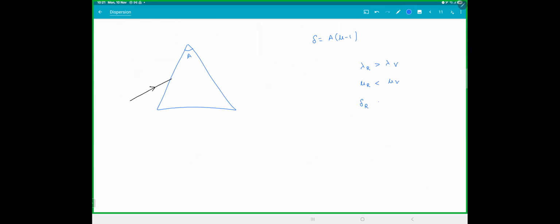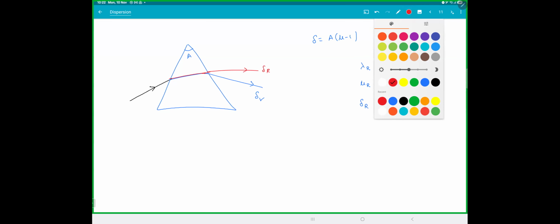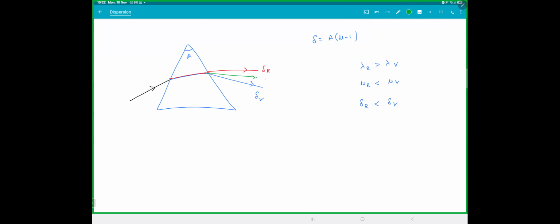Therefore, deviation of red must be less than deviation of violet. Agreed? That means whenever you send white light, which has multiple wavelengths, all of them won't have the same deviation. Among all of them, the violet will have maximum deviation. And who will have the least deviation? Red. And you get all the remaining colors in the middle.